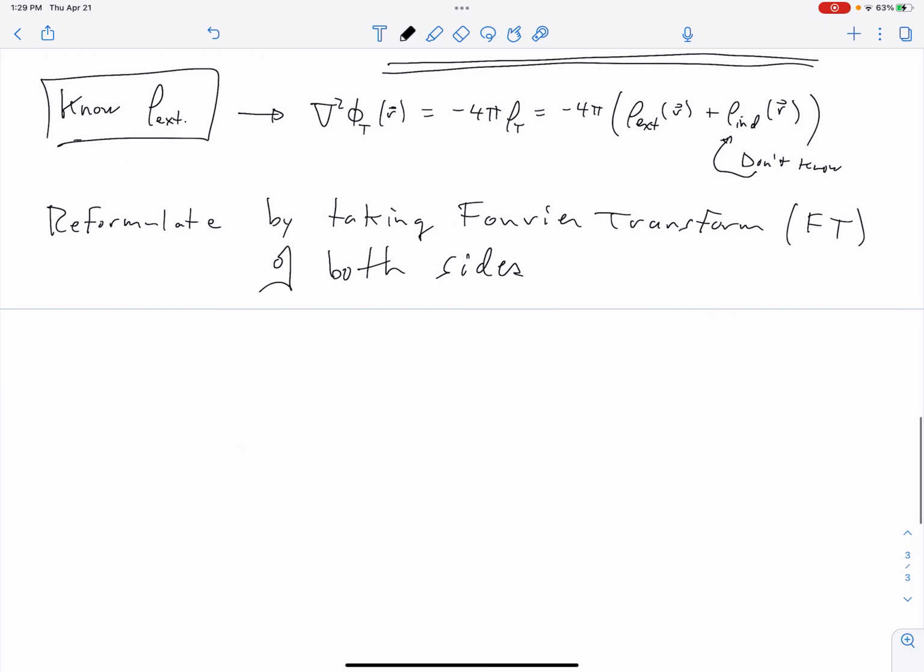So let's take the Fourier transform of both sides, and let's remind ourselves what a Fourier transform is.